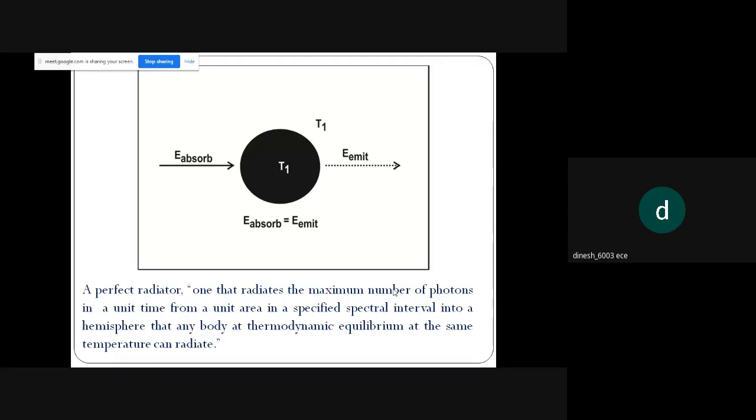Then it is called a perfect radiator. And we have another object where 100 watts of power is given to that object and 0 watts of power is emitted. That we call a black body. Meaning whatever is sent onto that object is neither reflected nor transmitted. It absorbs everything that falls on it. So that we call a black body object.